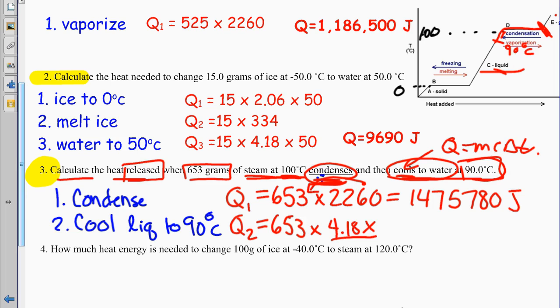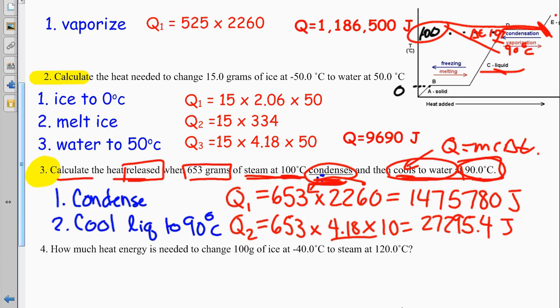Some students will say, hey, it's cooling 90 degrees, and plug that in there. However, if you take a look, when you condensed it, it was at 100 degrees. So to go from 100 to 90 is only a delta T of 10 degrees. So we're going to put a 10 here. And when I multiply that together, I get 27295.4.